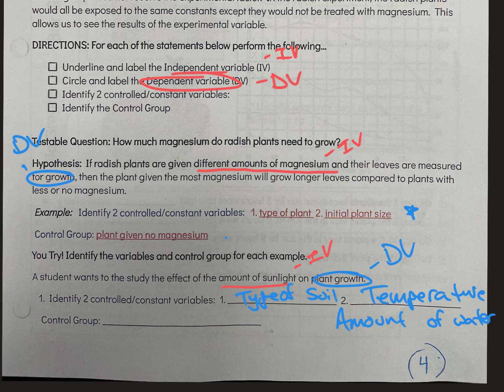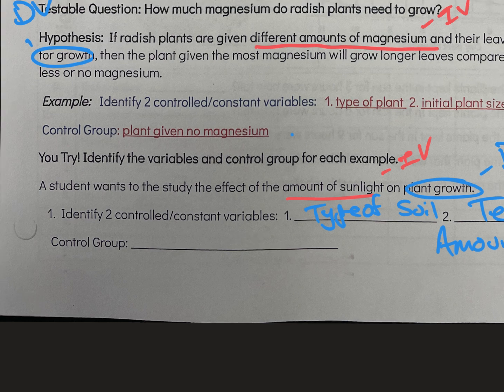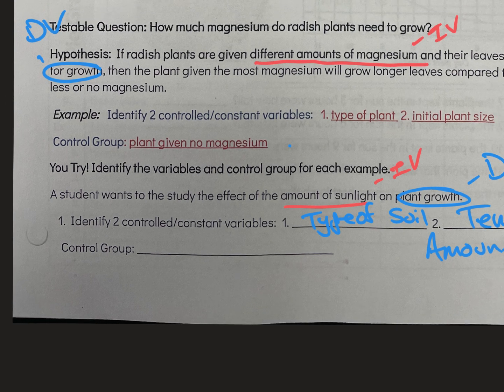Okay? And then lastly, for our control group, you could either do a plant that has some normal amount of sunlight or a plant with no sunlight. Okay, we'll put both of those. Plant with no sunlight or plant with some normal amount of sunlight.